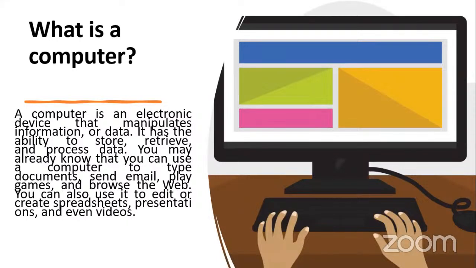For those of us in school, you type your project. If you don't know how to type your project fast, you take it to a business center, and they type it with the help of this computing system. So the computer helps you to type your documents, send email, then play games.